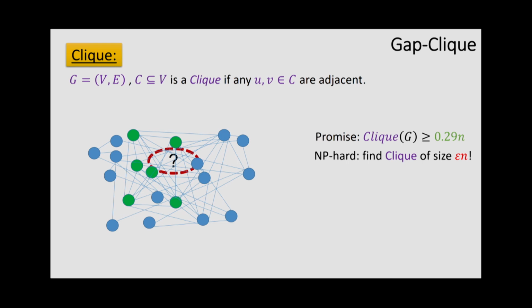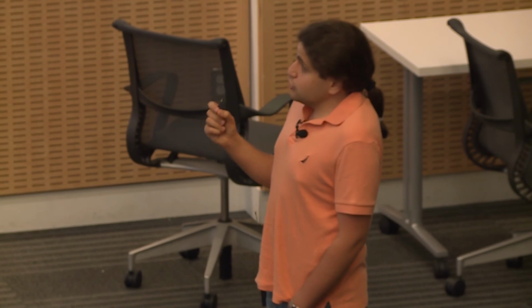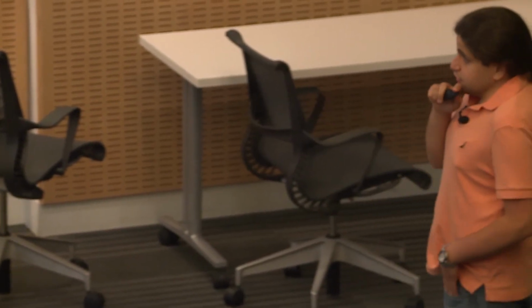This is the truth, and the reason 50% is the sweet spot is because if you have 51%, say, then you can use some very simple ideas to show you can find a clique of size 2%. Like independent set, 2-approximation vertex cover, and all of this stuff.